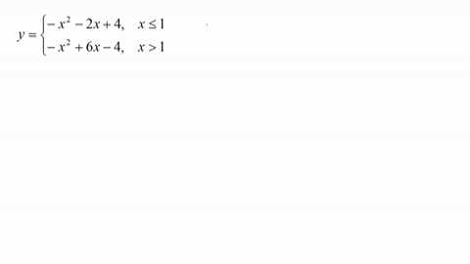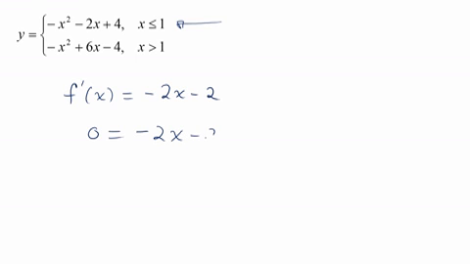Okay, let's consider the condition of x being less than or equal to 1 first. If that's the case, then f prime of x, the derivative, ends up being negative 2x minus 2. Setting that derivative equal to 0, we get 0 equals negative 2x minus 2.